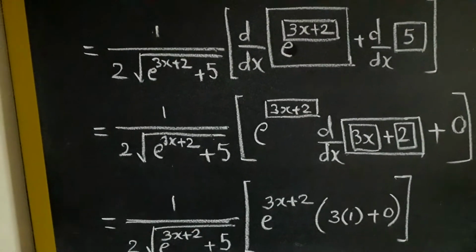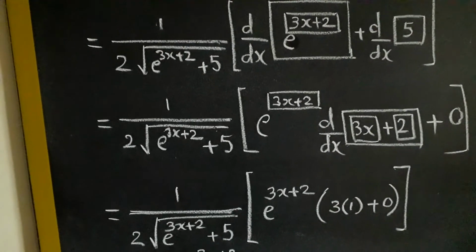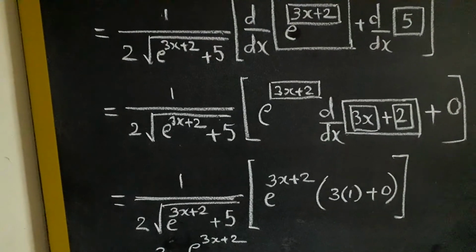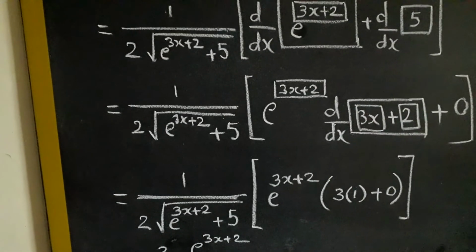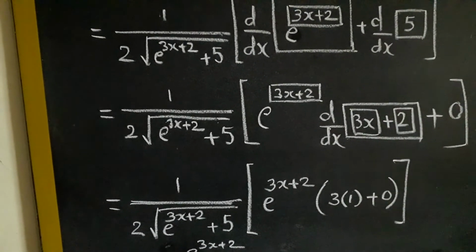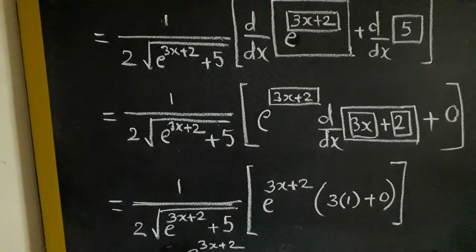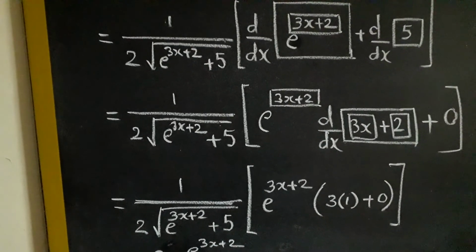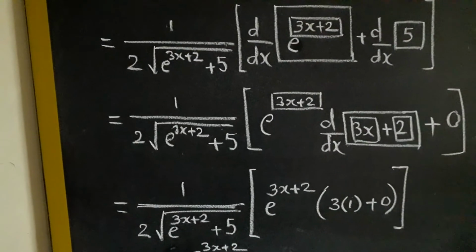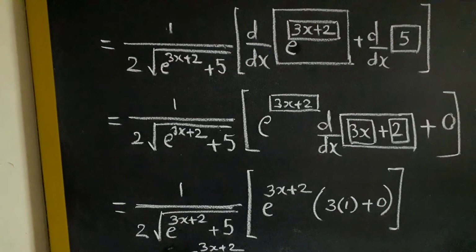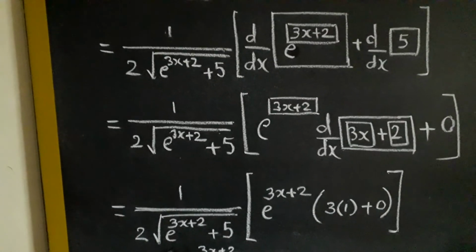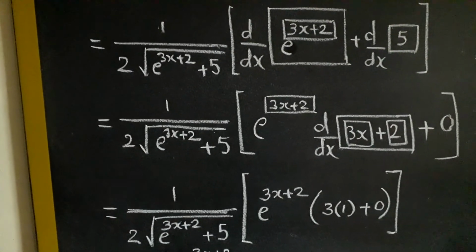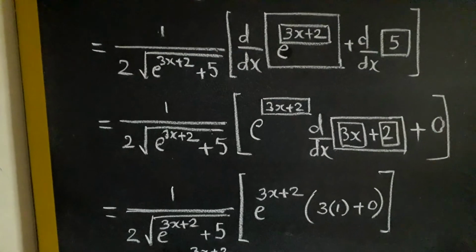So here we have written e raised to 3x plus 2 as it is, and the derivative of 3x, the first box. In the derivative of 3x, is there any multiplication or division? Yes, the constant coefficient 3 is there. We take it outside the derivative sign and find the derivative of x, which is 1, plus the derivative of 2, which is a constant, and the derivative of that constant is 0.